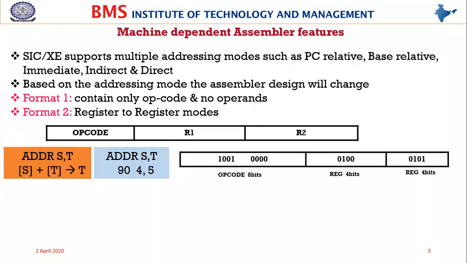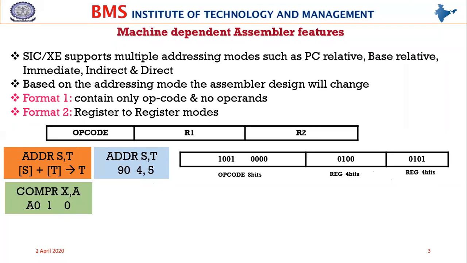For ADDR, the opcode is 90, which is written as 1001 followed by zeros, 8 bits in all. Then the S register, which is given the value 4, and the T register, which is given the value 5. These are the register numbers we used when we discussed the architecture of SIC/XE.